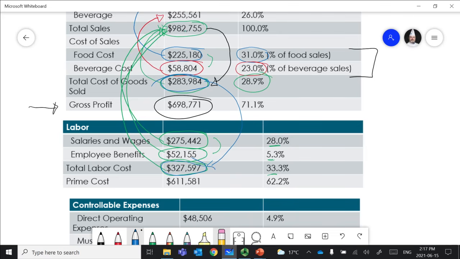These two added up together will give me $611,581. Prime cost is now this divided by, again, total sales. See a pattern developing? Every single percentage on an income statement is going to be calculated based on total sales, with the exception of our food cost and beverage cost.